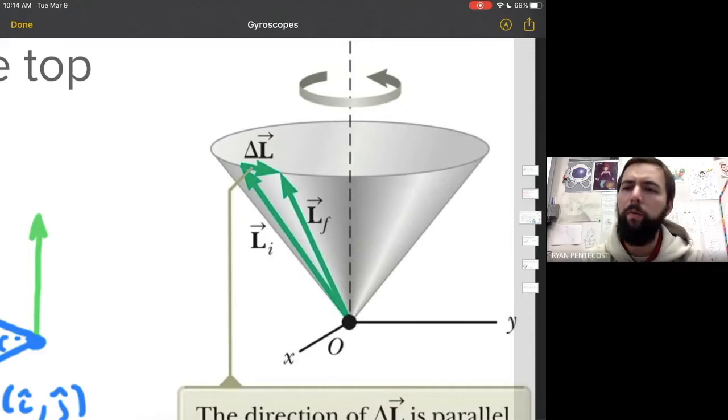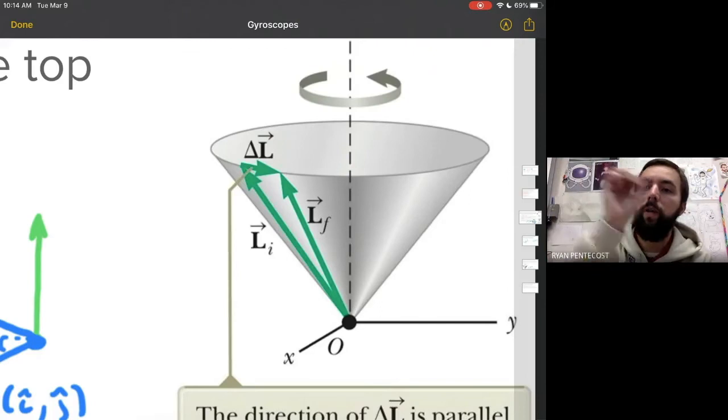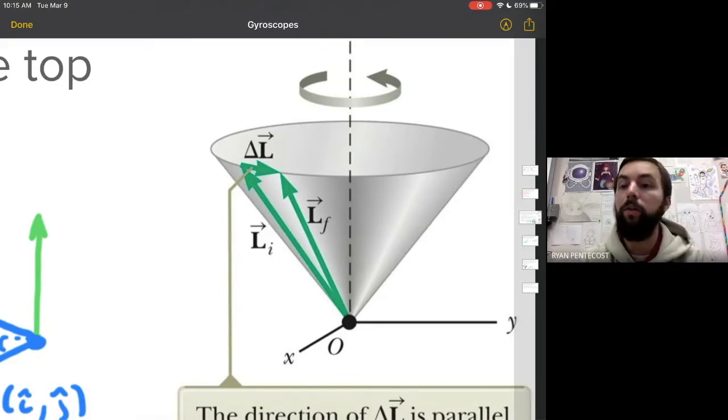And we've talked before that when you have a perfect cycle, when something starts and ends at the same point without any loss of energy due to non-conservative forces, then there is no work done. And that is the same here. There is no work done on a precessing gyroscope because it is going to come back to its original point.